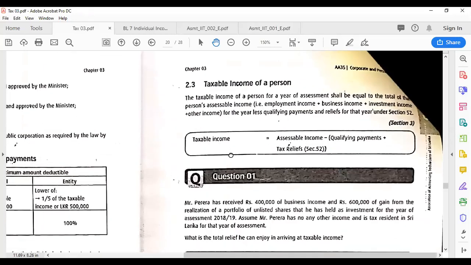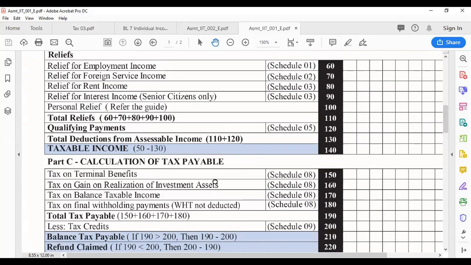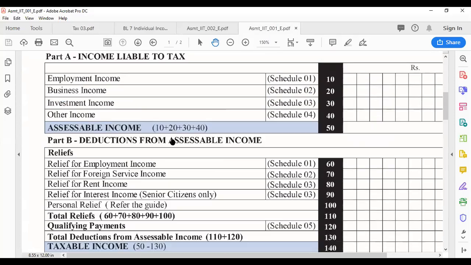Right. Now we will move to the next section, taxable income of a person. Now we will move to Part C of the return form, calculation of taxable income. First we talk about employment income, business income, investment income, then other income.